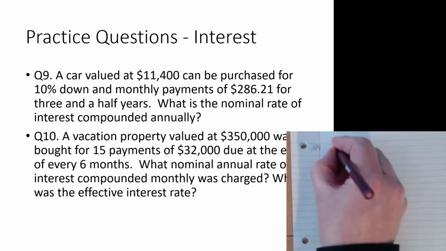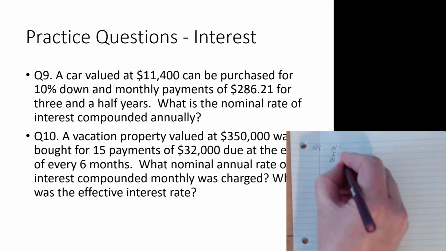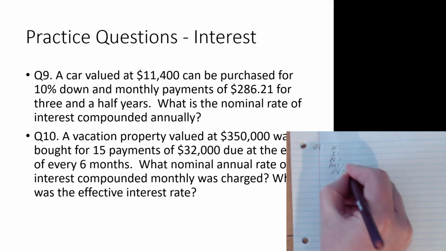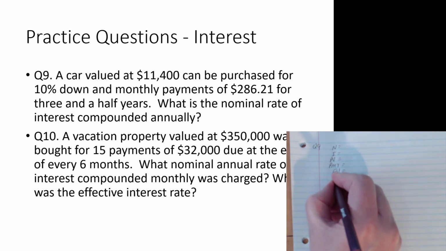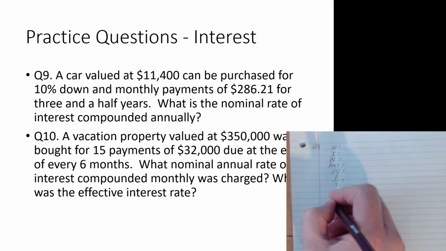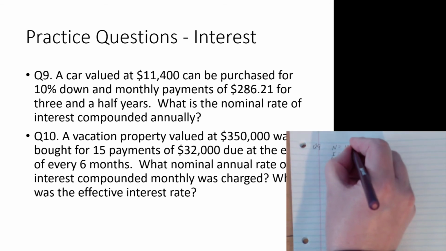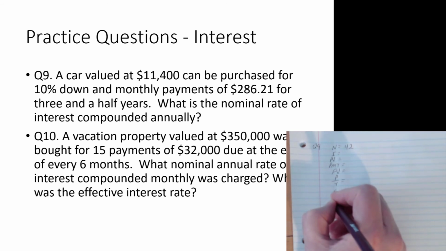Question 9. And so we have our N, we have our I, amount we borrowed, our payments, our future value, or any lump sum payment we have to pay at the end, payments per year, and our compoundings per year. So we see that 3.5 years, and we go 3.5 times 12 because of their monthly payments, and we get 42 payments in total for this particular loan.